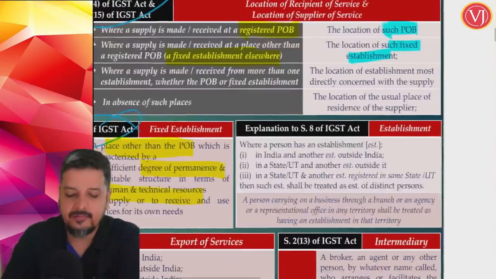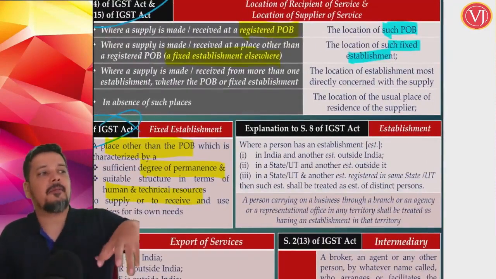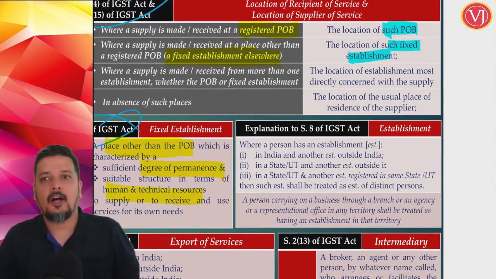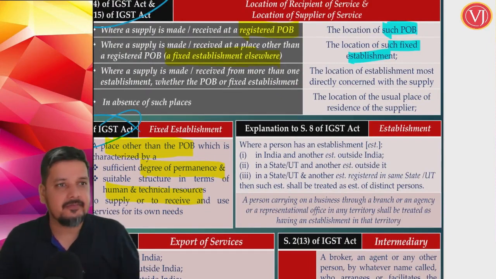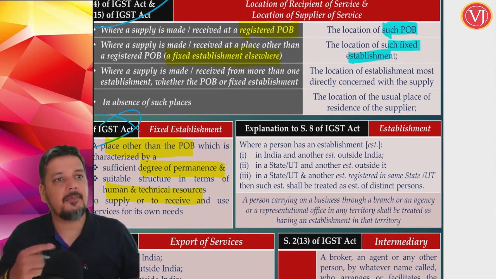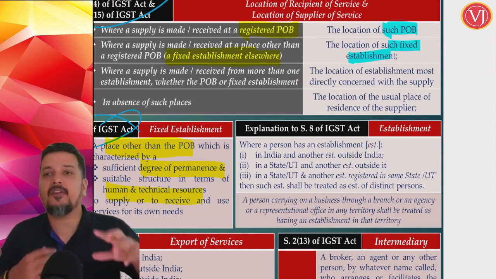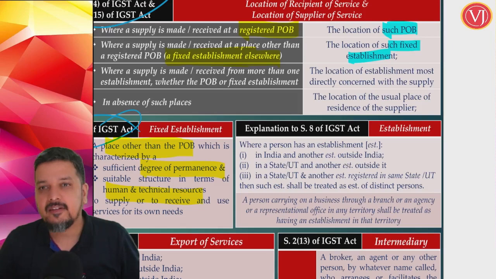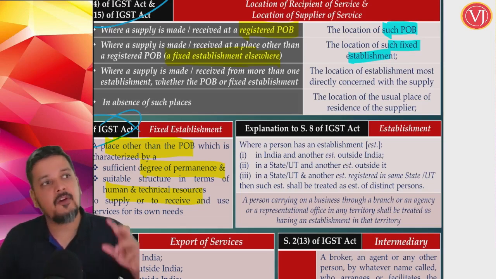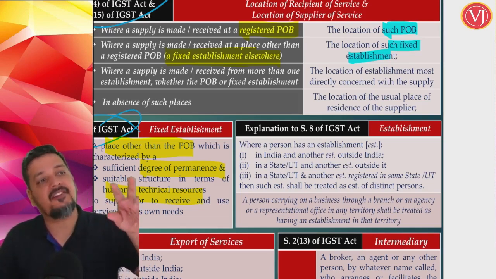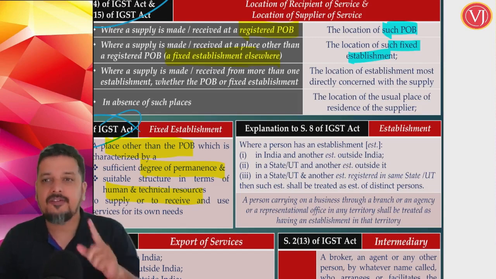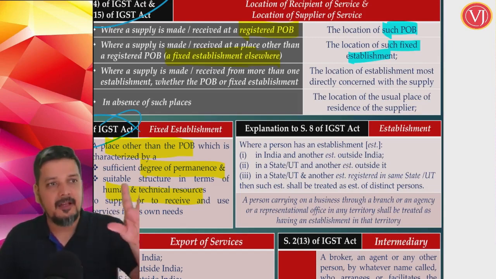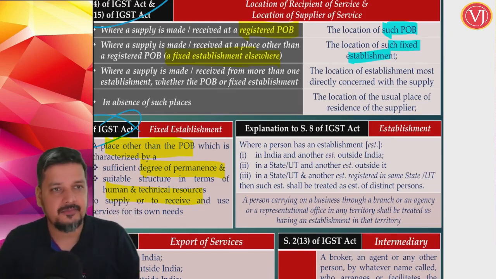The reason is an additional place of business can be there in the state, but now you can have your main place of business in Delhi, but you can have a fixed establishment in Coimbatore. Now they cannot be called principal place of business and additional place of business because they are in different states. Each of those places will be the principal place of business for that state. Therefore, they changed the language to main place of business and fixed establishment.